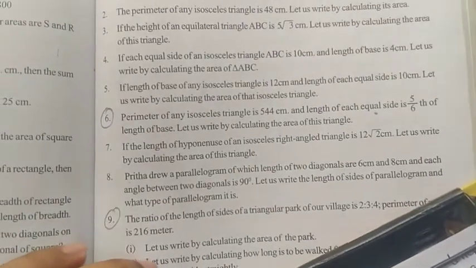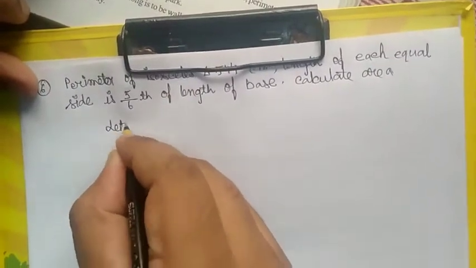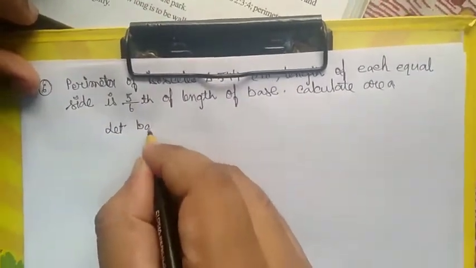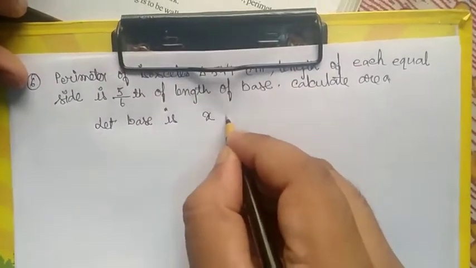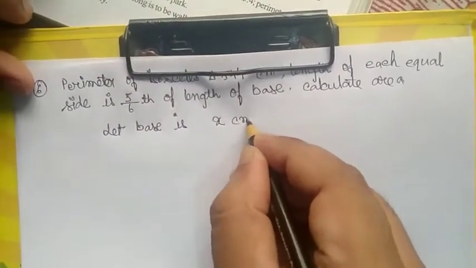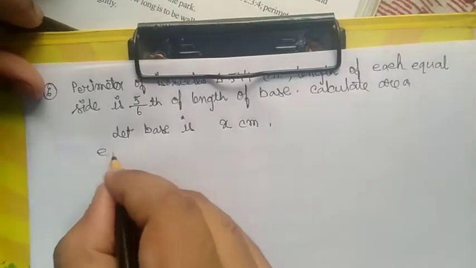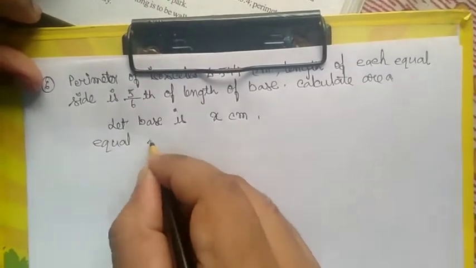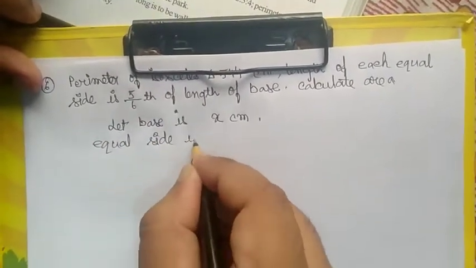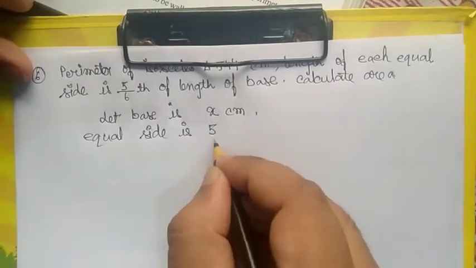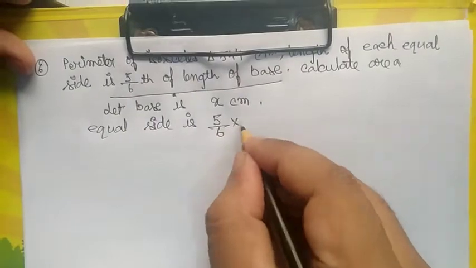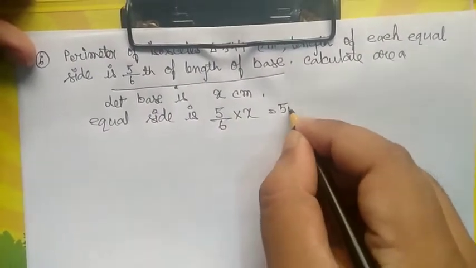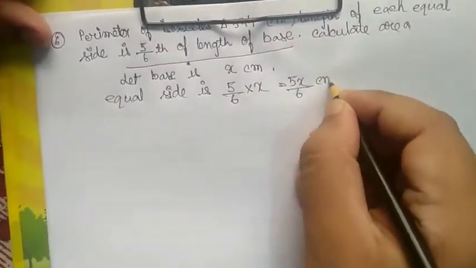So therefore first let base be x centimeter. So equal side is 5/6 of the base. We know that 5/6 of the base, so 5/6 into x equal to 5x/6 centimeter.